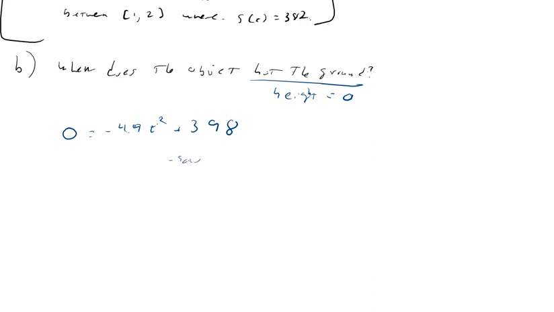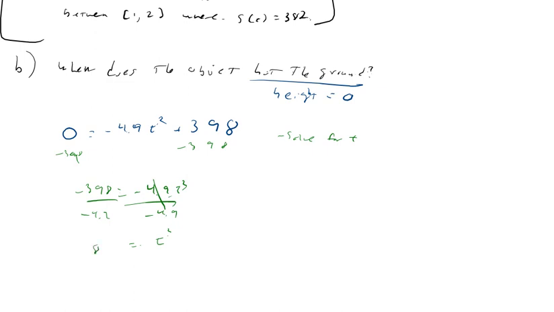So let's solve for t. Minus 398 on both sides. Negative 398 equals negative 4.9 t squared. Divide by negative 4.9 on both sides. Cancel those, you get t squared equals 398 divided by 4.9, which is 81.2.